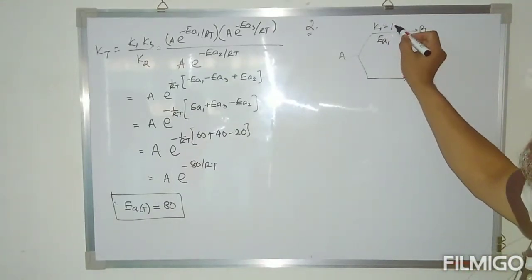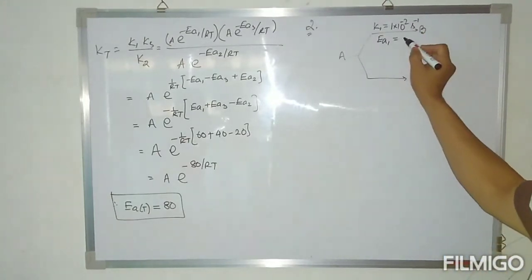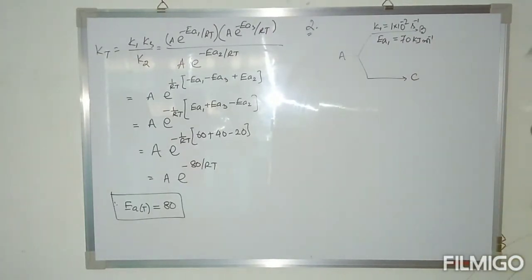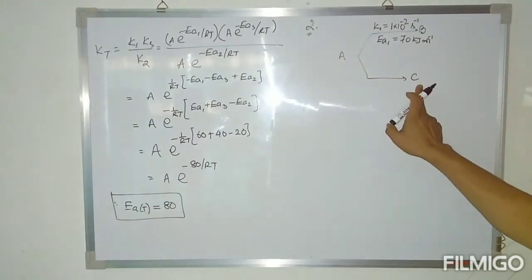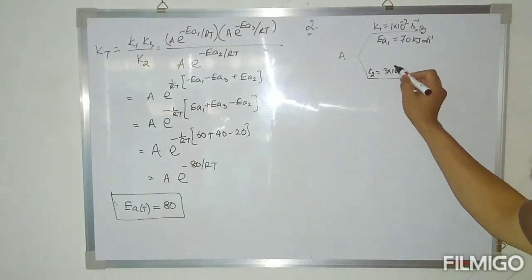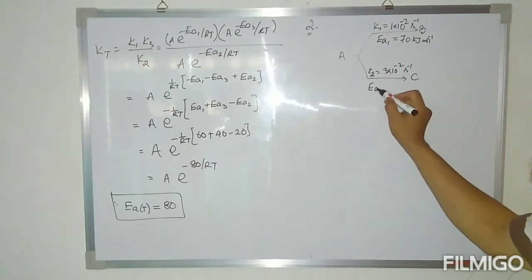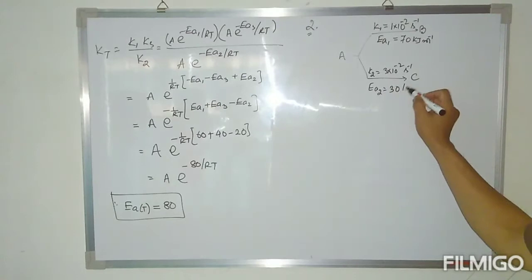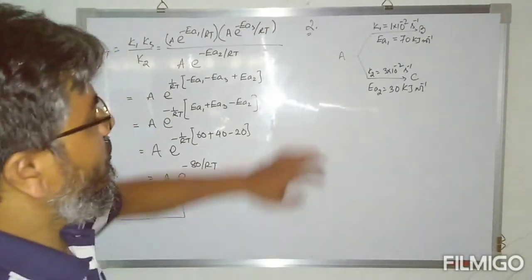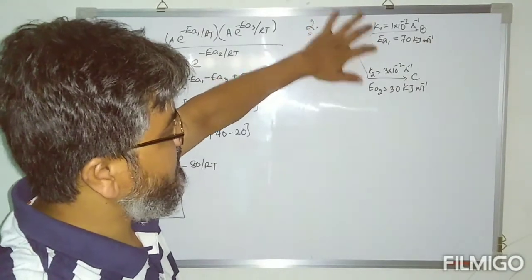Suppose K1 is 1 into 10 to the power minus 2 second inverse, and E1 is 70 kilojoule per mole. Conversion of A into C has rate constant K2, 3 into 10 to the power minus 2 second inverse, and activation energy EA2 is 30 kilojoule per mole.